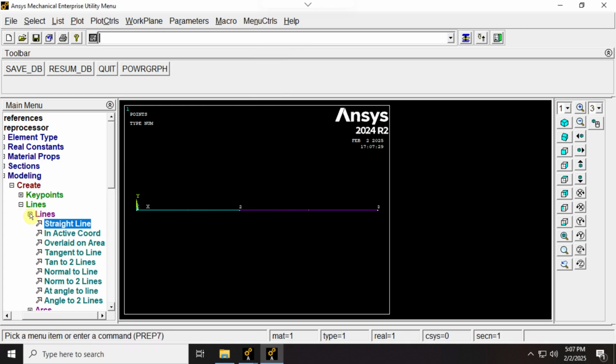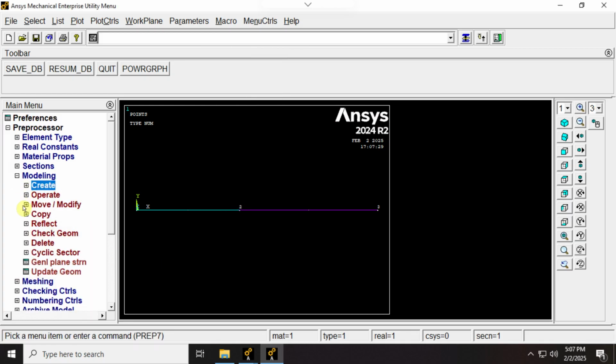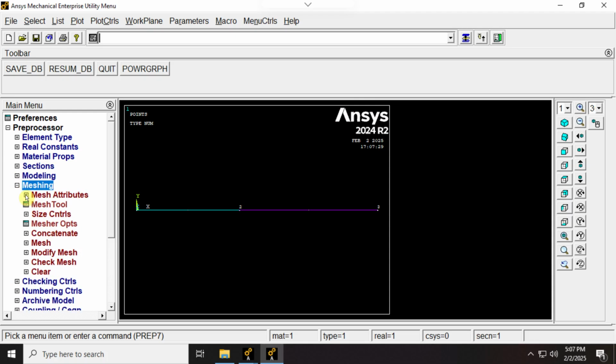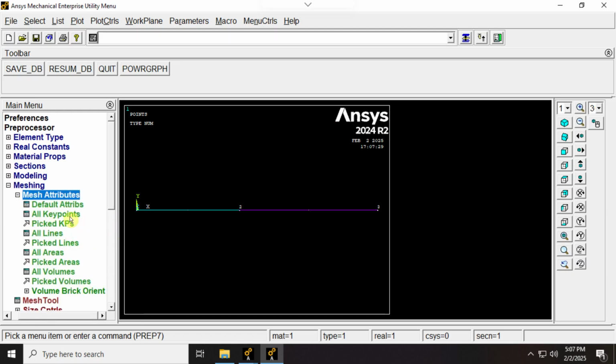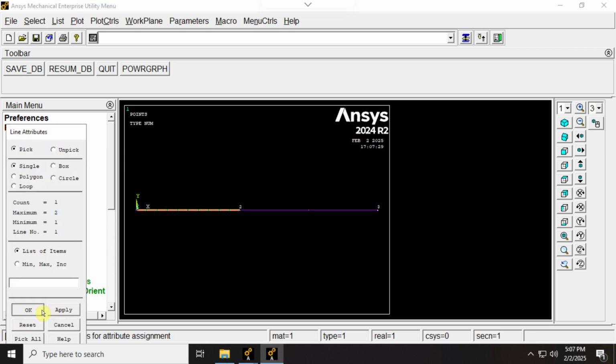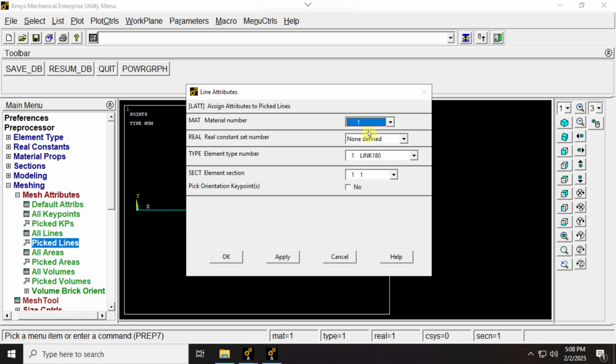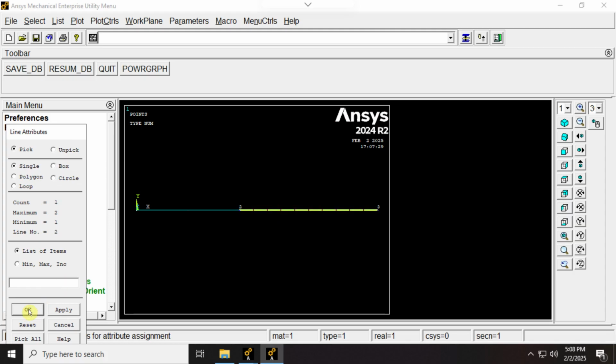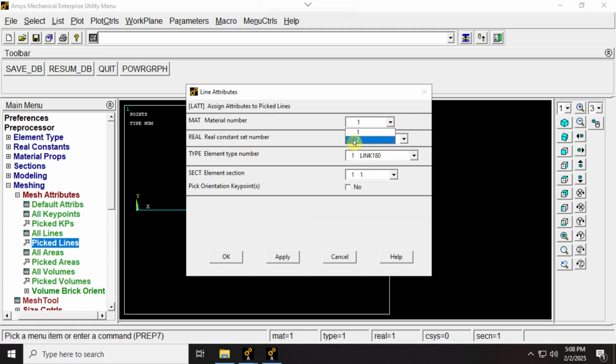Next, after modeling, we need to mesh it. So we have to assign the right mesh attributes to each line. I'm going to pick this line, which is my steel one, and make sure we have material 1 and section number 1 assigned to it. Then I'm going to pick this second one and make sure that material number 2 and section number 2 are assigned to that.